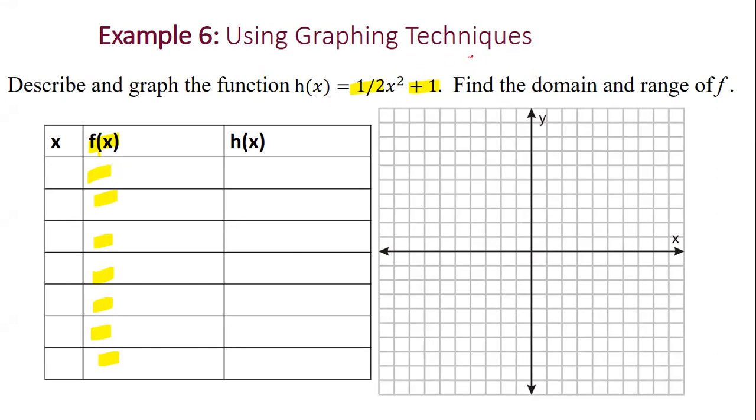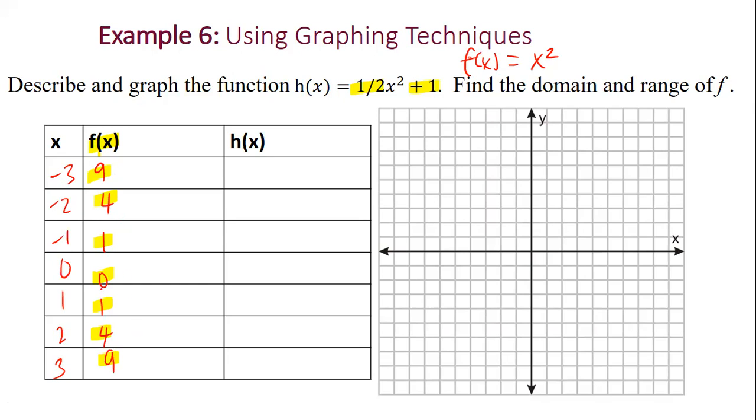So the original, your f of x is x squared. That's my parent function. So the parent function values are x equals -3, -2, -1, 0, 1, 2, 3, because these values aren't going to change for the parent function. And we're at 9, 4, 1, 0, 1, 4, 9.